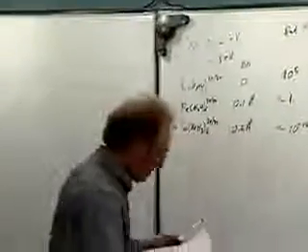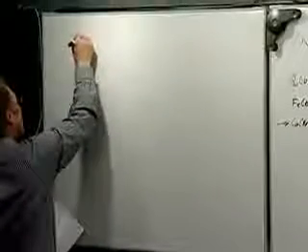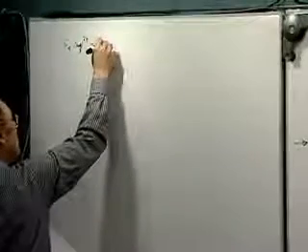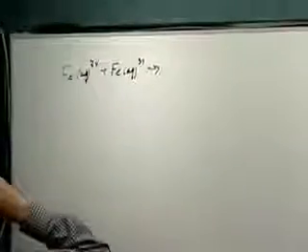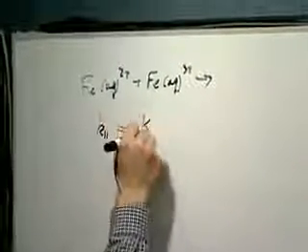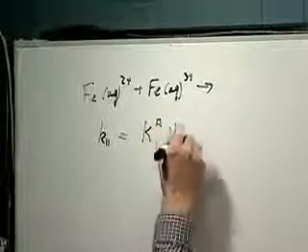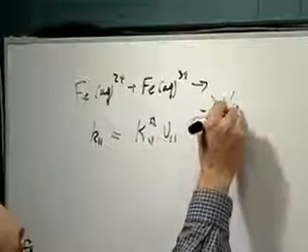The self-exchange reaction is going to be our ferrous-ferric, Fe aquo 2 plus and Fe aquo 3 plus, which has a rate K11, equal to the association constant 1,1, the frequency factor 1,1, e to the minus lambda 1,1 over 4RT.